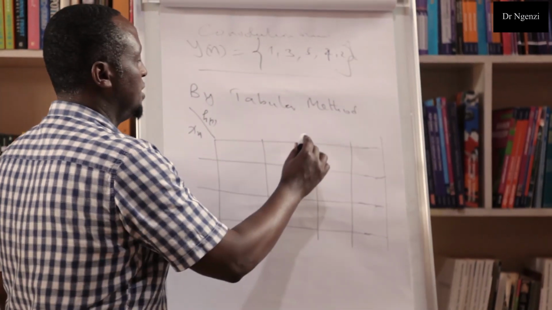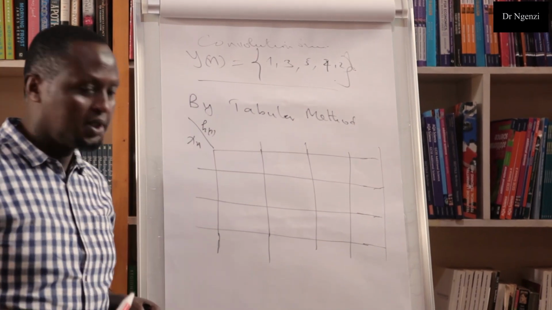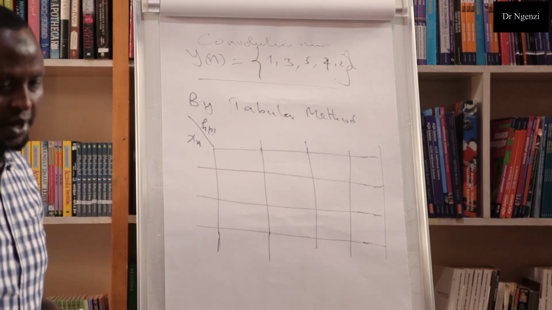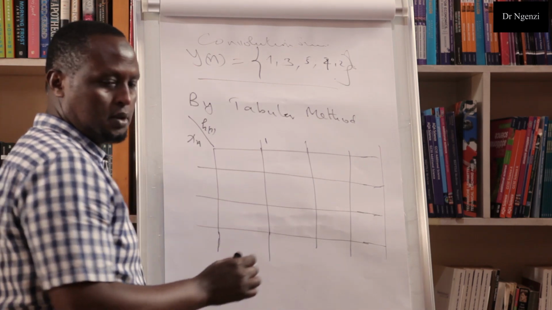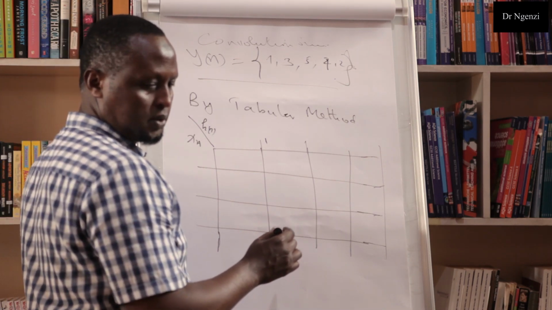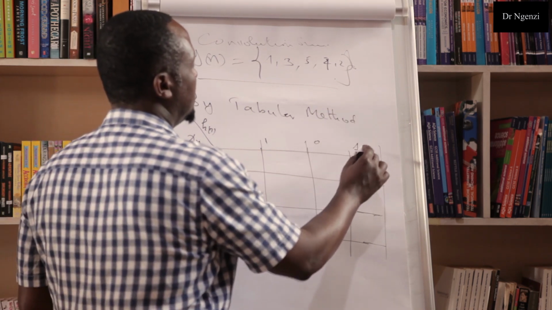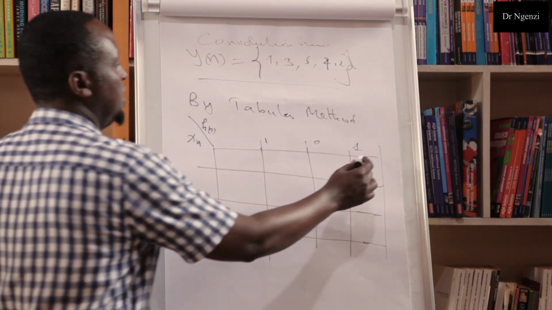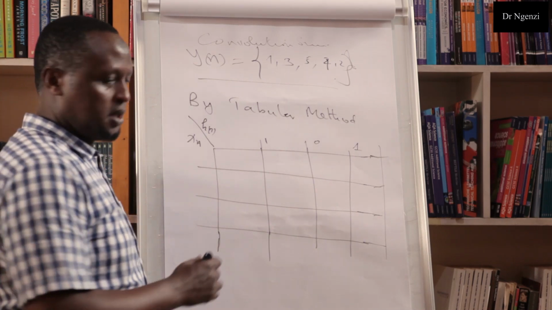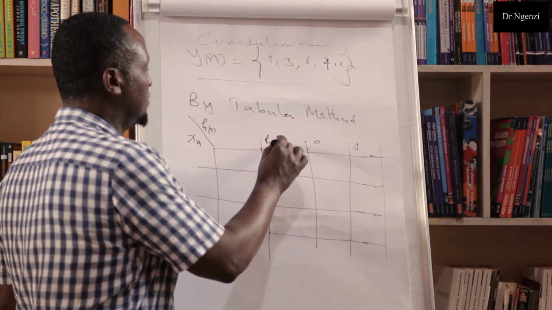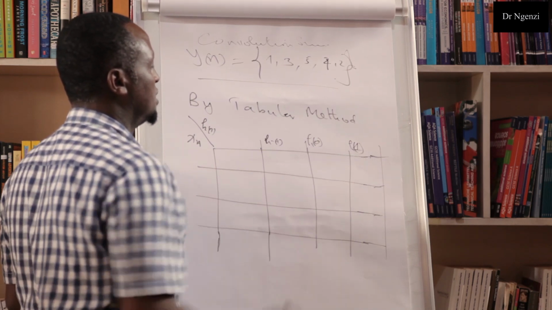So you put the values of h, h of n. Remember it was 1, 0, 1, for example, and then the other side remains. So this is going to be h of -1, then h of 0, then h of 1 in this case.